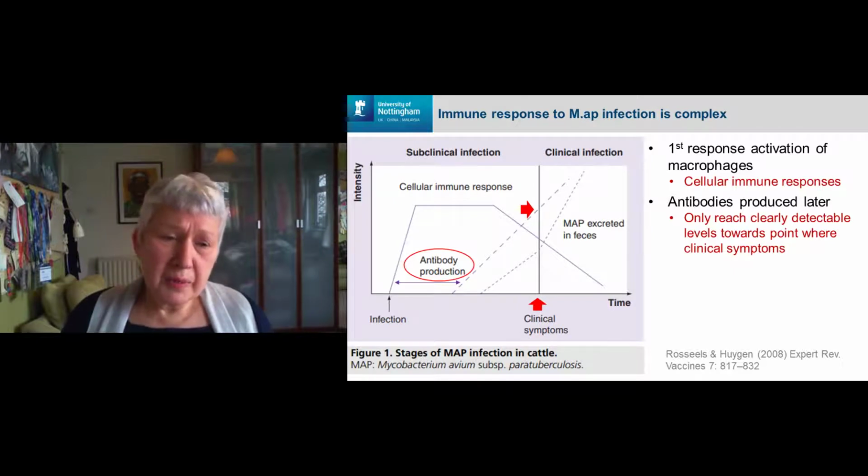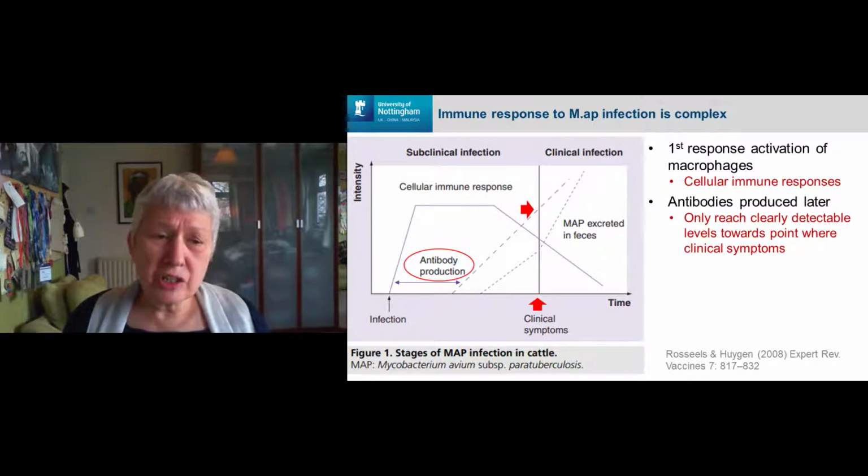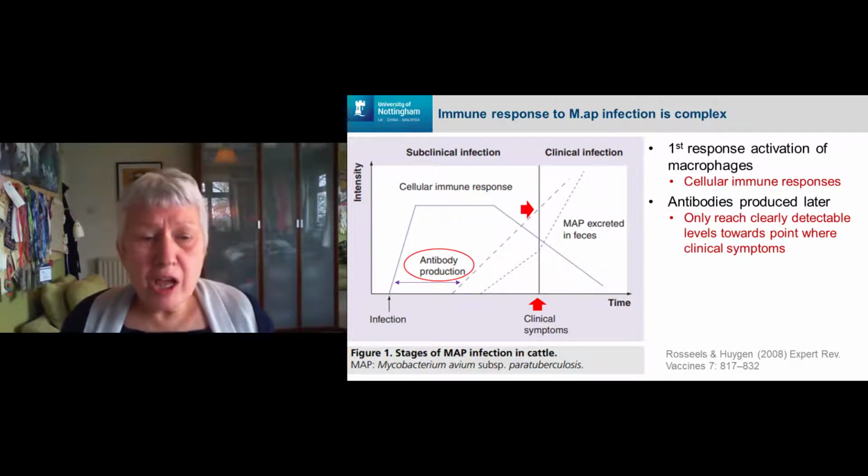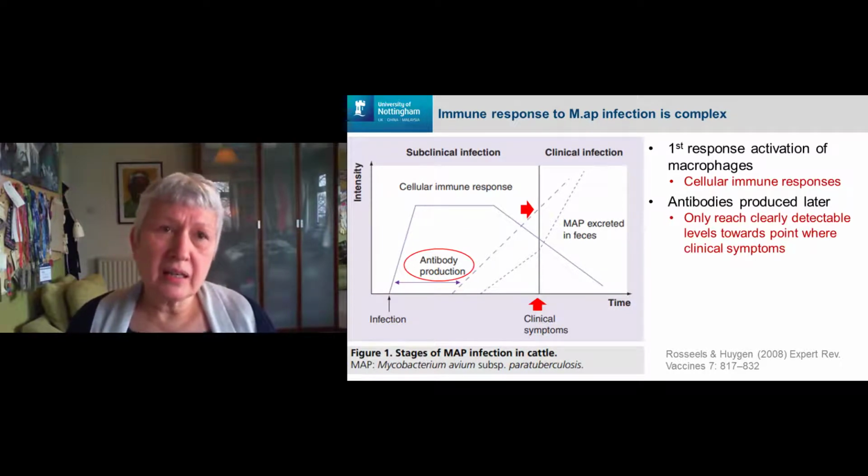When the antibody levels rise, they rise quite slowly, and it's often seen that it's just before clinical symptoms start to appear that you get a positive antibody ELISA result. And in the meantime, these cellular responses are still declining. So it's not overly surprising that you're getting disagreement between different types of immune response-based tests.